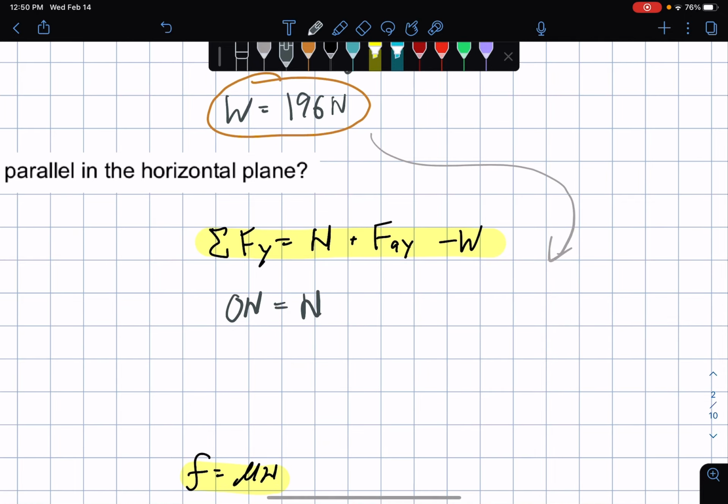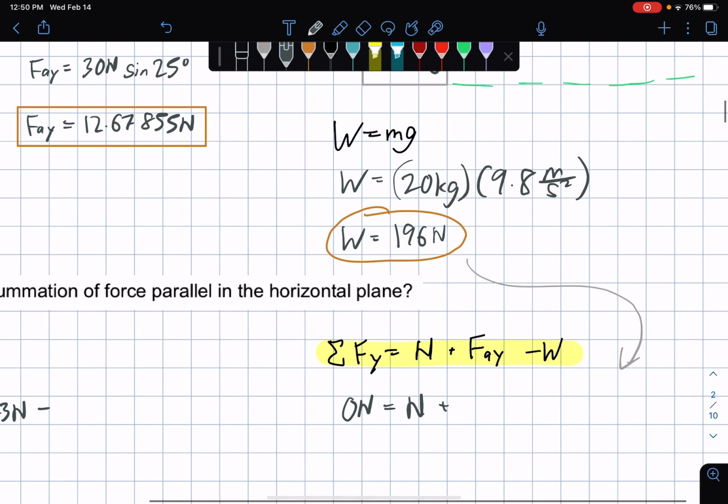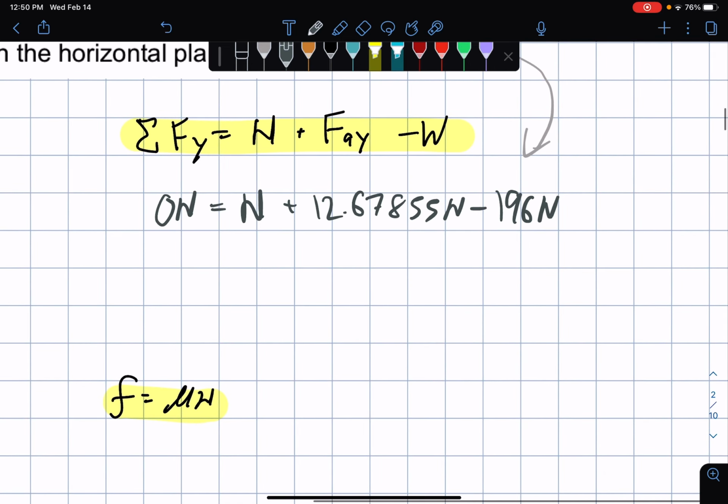So let's find n first. Fay is known to be this value, so 12.67855 newtons minus the weight, which is 196 newtons. So 12.67855 minus 196 is equal to negative 183 blah blah blah.